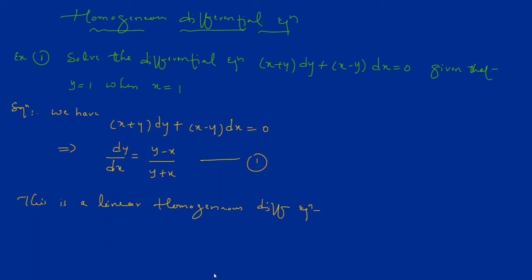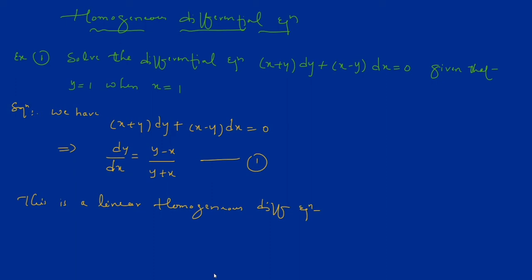If we apply lambda x and lambda y in place of x and y, again we get degree 1. Linear means the degree must be 1. Therefore it is a linear homogeneous differential equation. Simply we can say homogeneous differential equation, because in the numerator of equation 1 as well as in the denominator, the degree must be the same. Then only we can say it's a homogeneous differential equation.